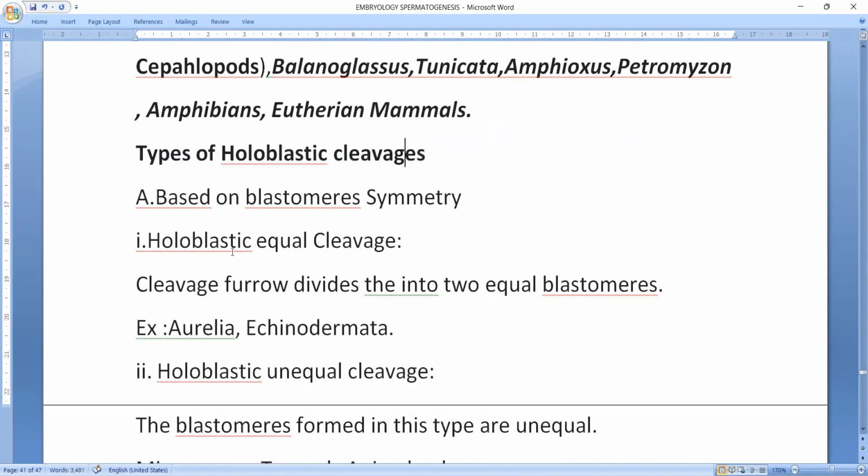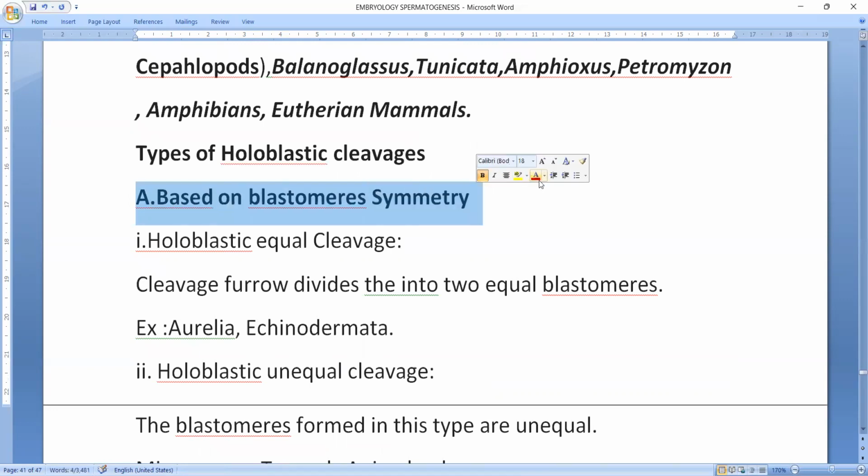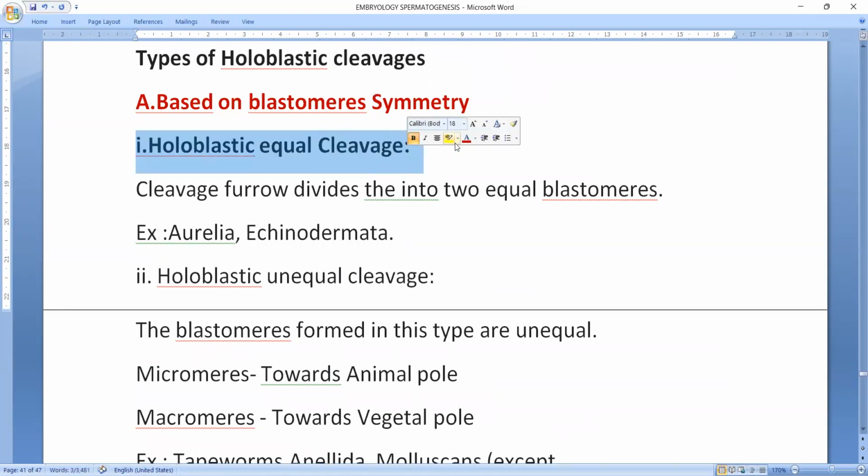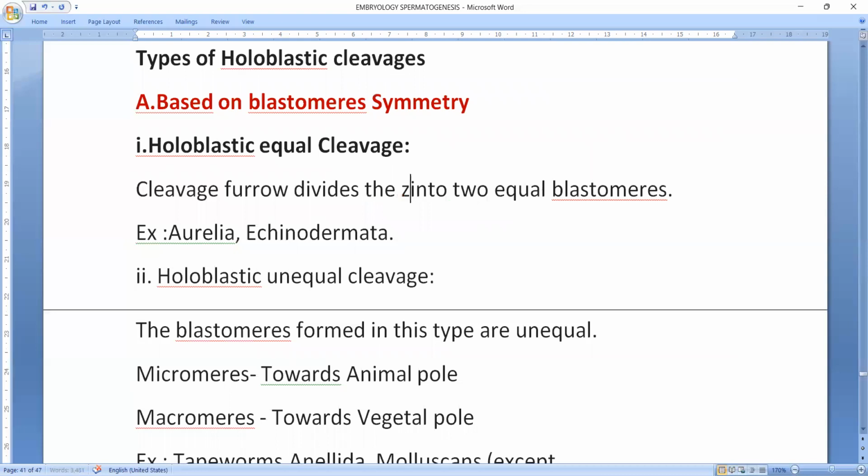Okay, so based on the blastomere symmetry, the holoblastic cleavage is again holoblastic equal cleavage. So the cleavage furrow divides the zygote into two equal blastomeres, and the next forming blastomeres are also almost equal.